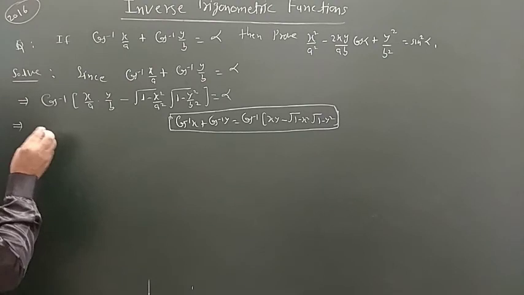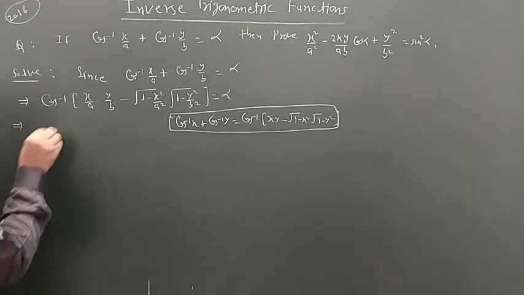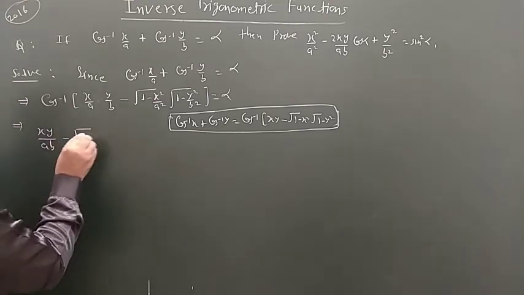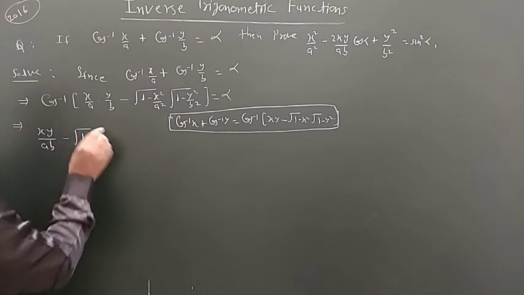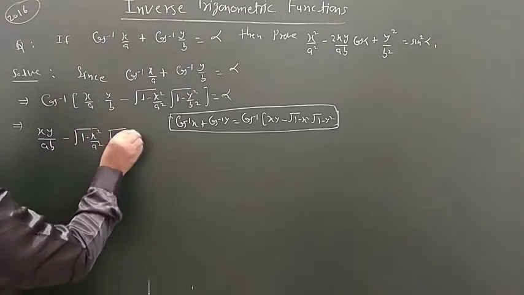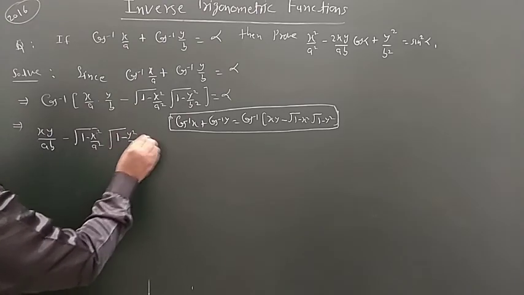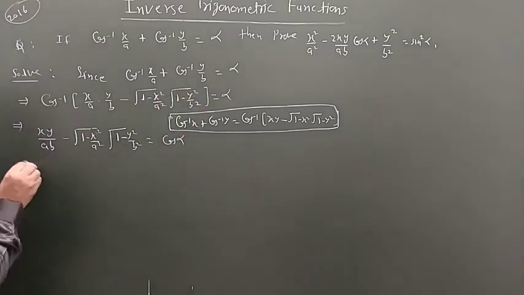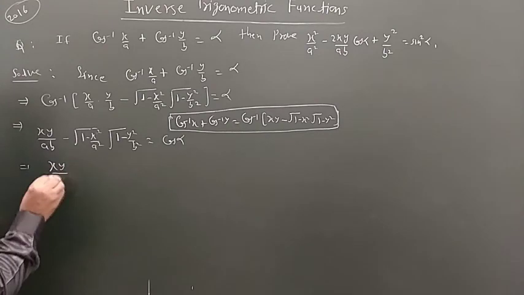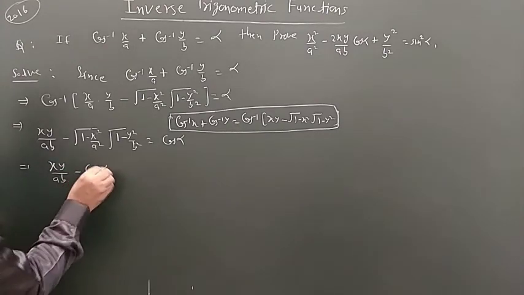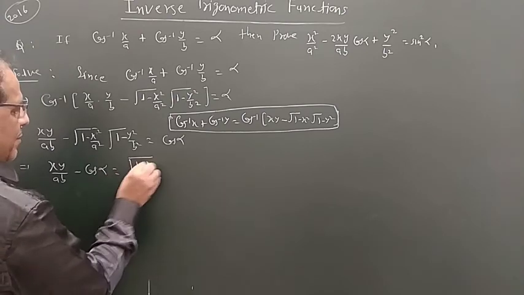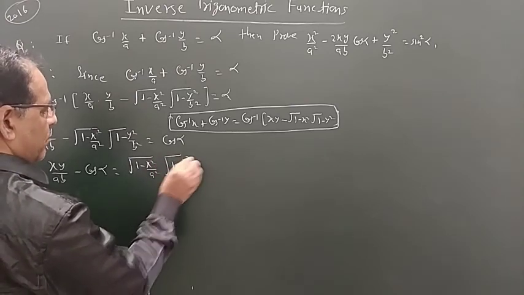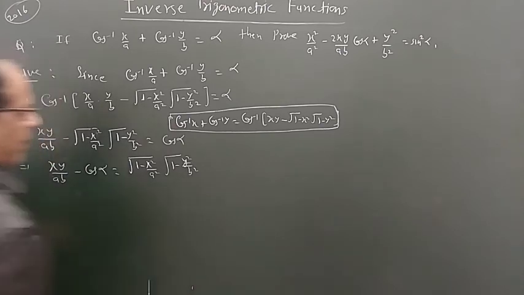Now xy upon ab minus square root 1 minus x square upon a square times square root 1 minus y square upon b square equal to cos alpha. Now this can be written as xy upon ab minus cos alpha equal to square root of 1 minus x square upon a square times under root 1 minus y square upon b square.